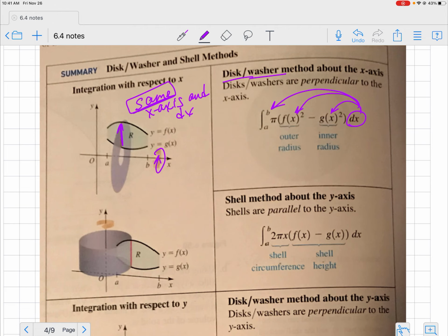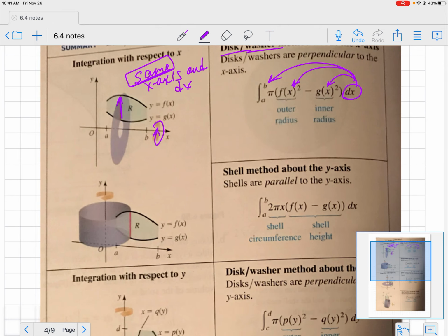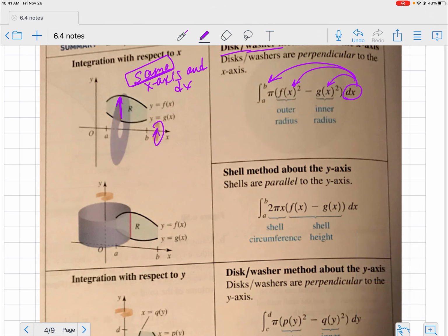If I am going to use the shell method, that is the other axis, in this instance the y-axis. If my differential here is dx, everything has to be in dx, but I'm going around that other axis.